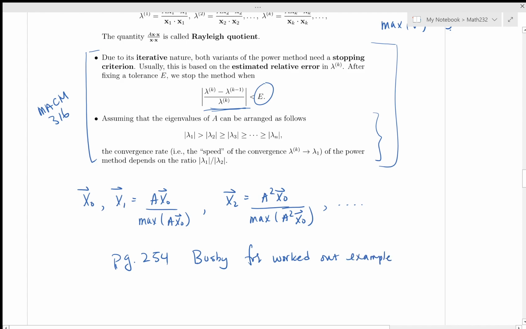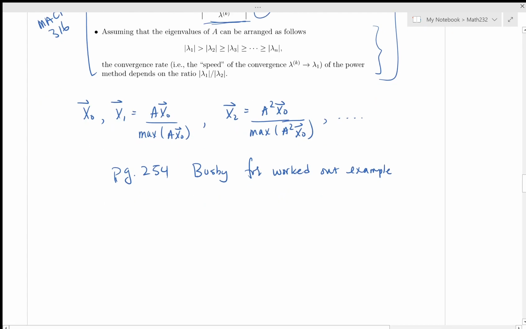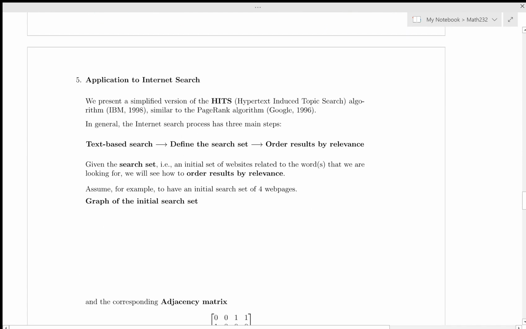All right, so how does this help us in the world of the internet? We're going to talk about a simplified version of the hypertext induced topic search. It's similar to the PageRank algorithm. Of course, we're going to look at an extremely small sample size.